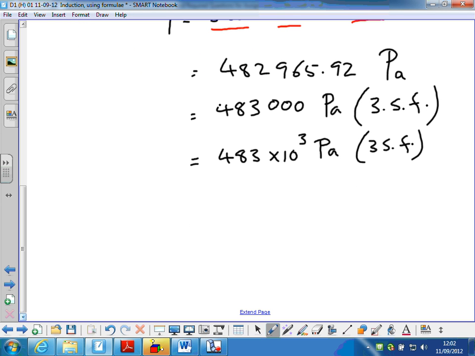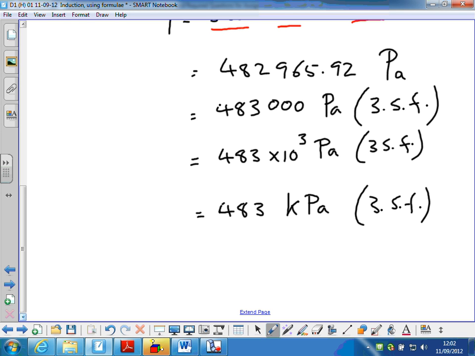We use engineering notation because 3s mean we could then do something else. Instead of writing times 10 to the 3 pascals, what's 10 to the 3 of something? 483 kilopascals to 3 significant figures.